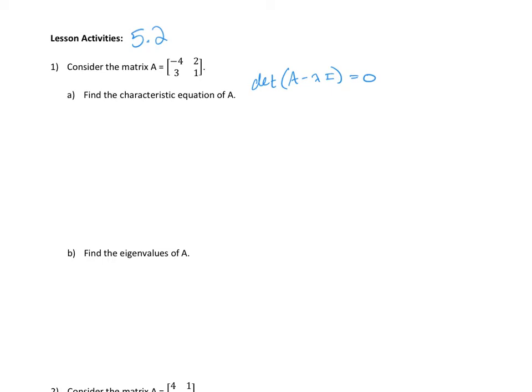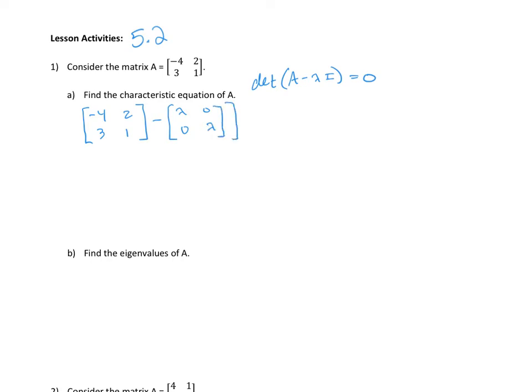Okay, so A minus lambda I. A is -4, 2, 3, 1 minus lambda I, which is lambda 0, 0, lambda.